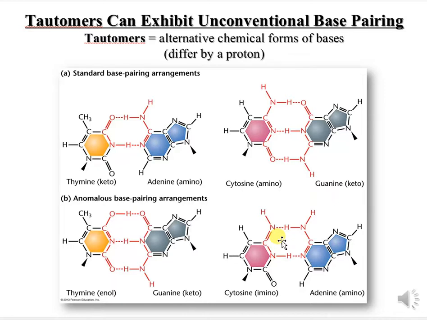So the bases can shift form, which changes how they pair. They also have this really annoying tendency that once they shift to this abnormal, isomeric form, they will then shift back to normal. So they go from normal to abnormal, and then from abnormal back to normal. Again, this is just the natural tendency of nucleotides to change their bases, and you see this in cases of incorrect base pairing, just due to that random tendency.